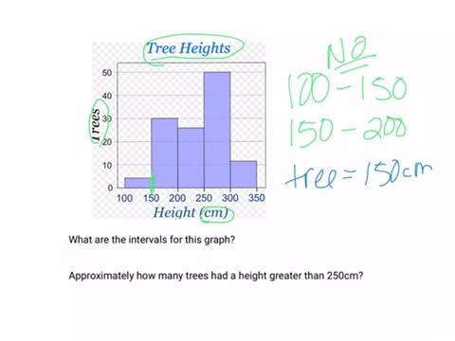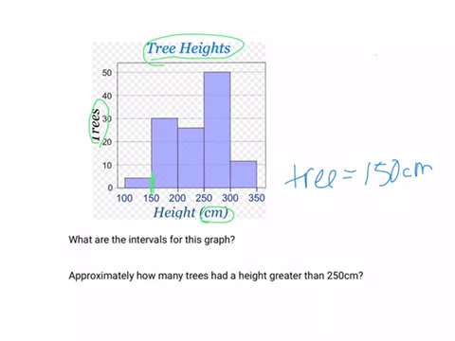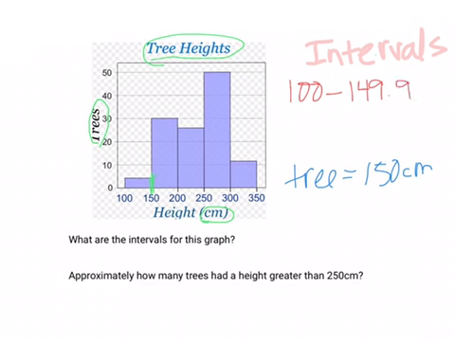This is where we have to be really good at reading our graphs. So instead, what we're looking at is intervals that go from 100 to 149.99999, or anything close to 150, from 150 to 199, if you want, again, with as many tenths as we can, 200 to 249, and so on.